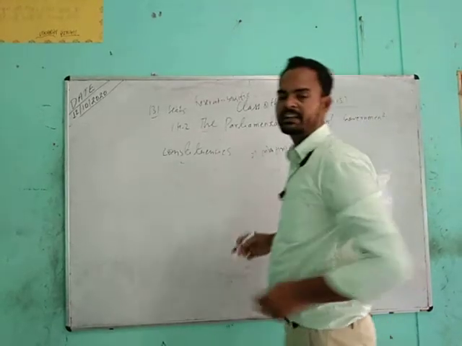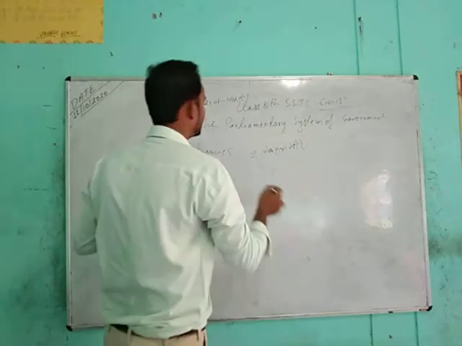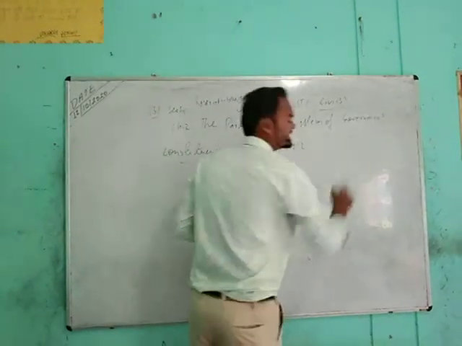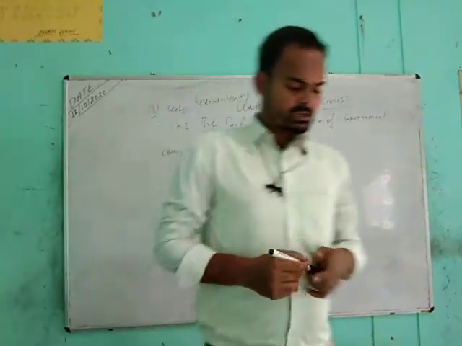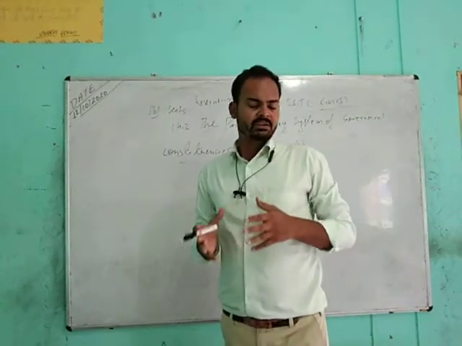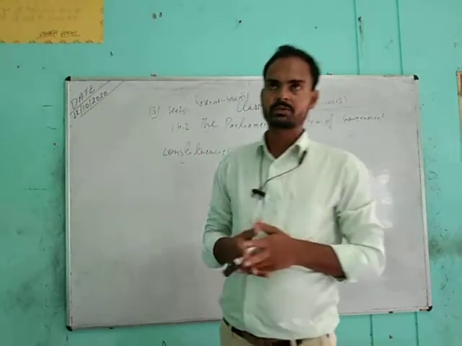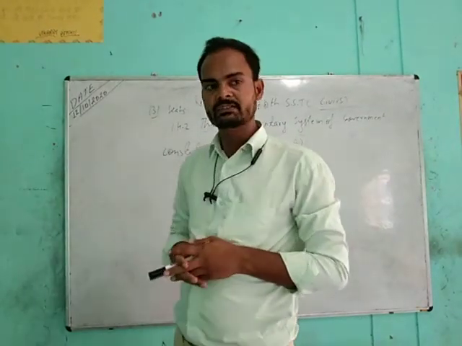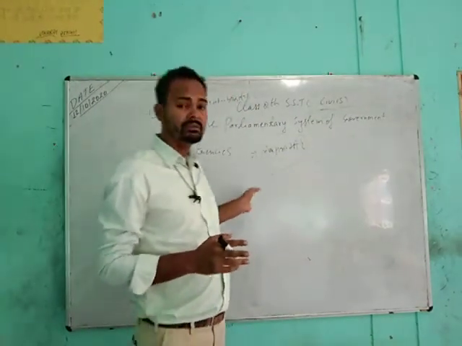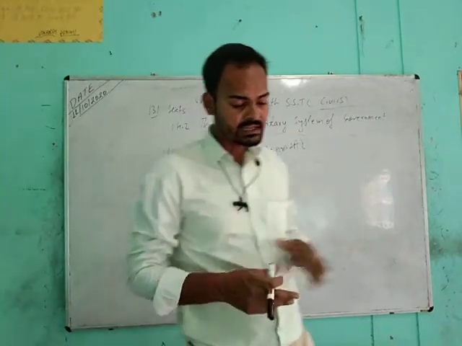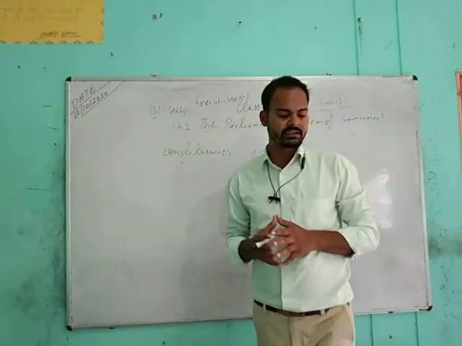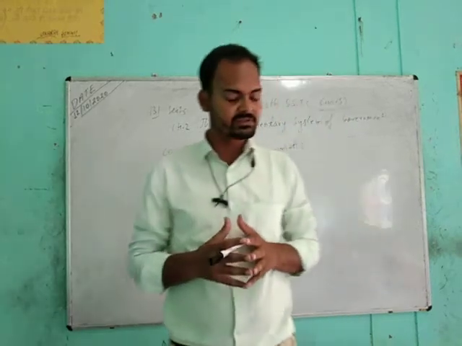According to population and area, these constituencies have been made in different states and Indian territories. These constituencies are divided among the states and union territories on the basis of their population.